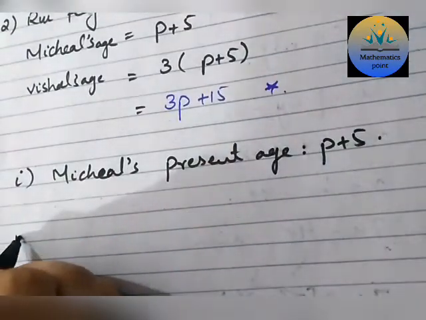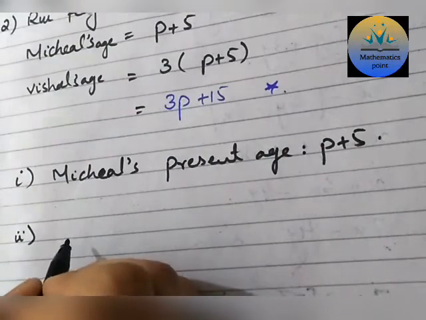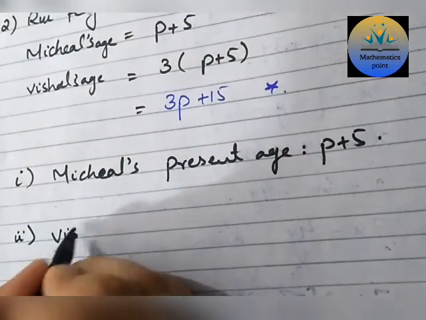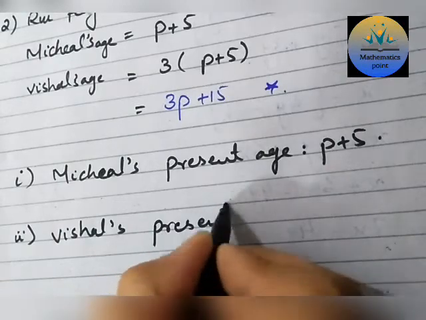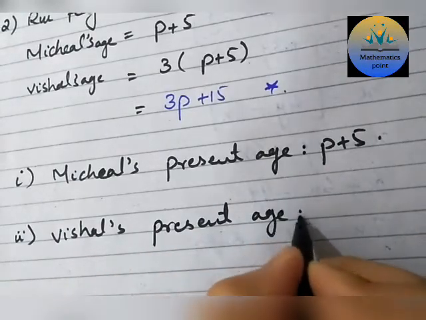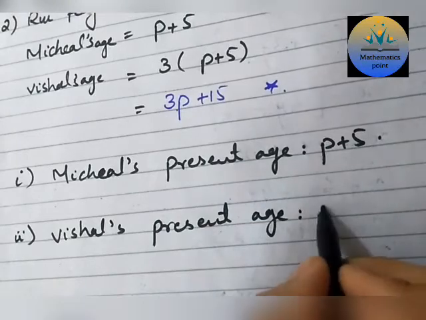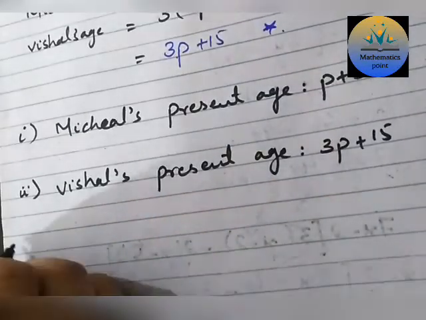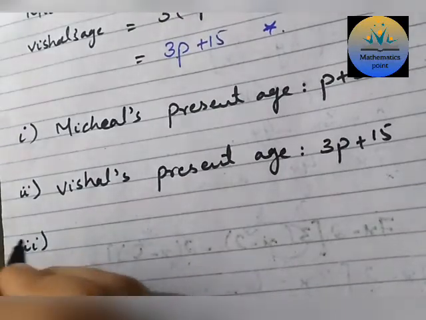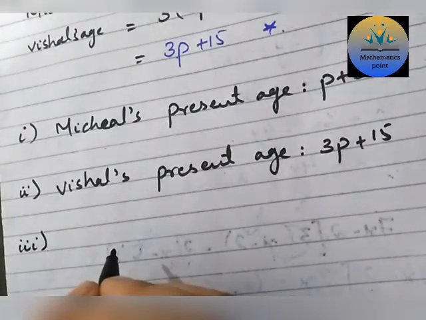Third is Vishal's present age, that is 3p plus 15. Then we need the sum of their ages in 6 years' time.